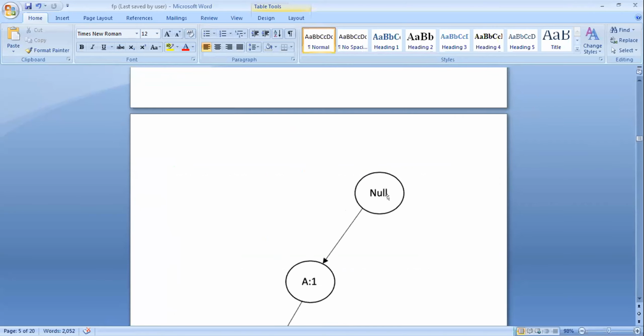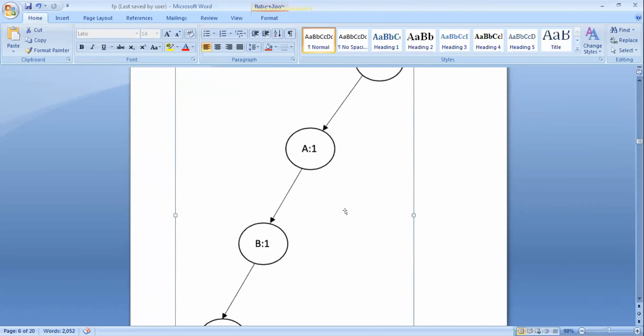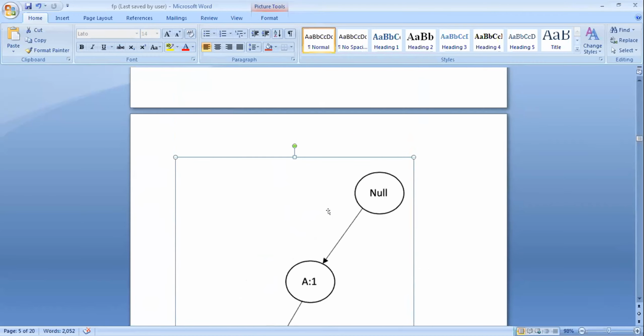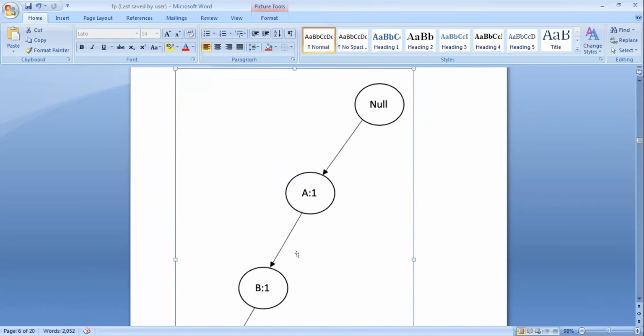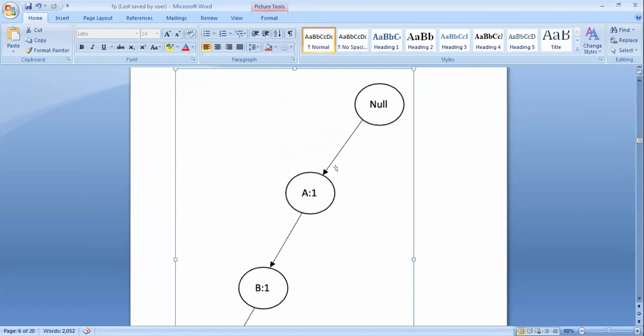Initially you represent it as null, since you don't have anything yet in the FP tree. Then you consider null as the root of the tree.